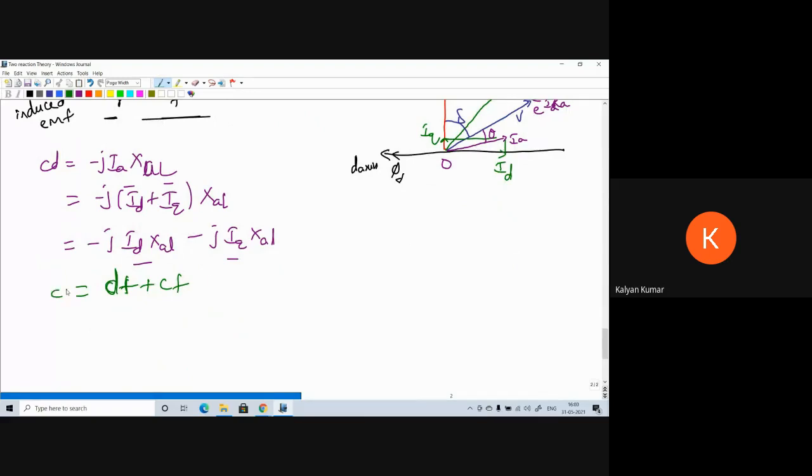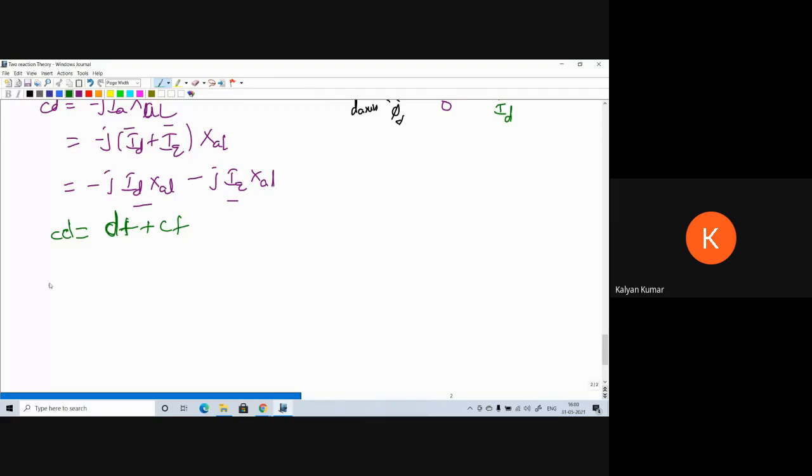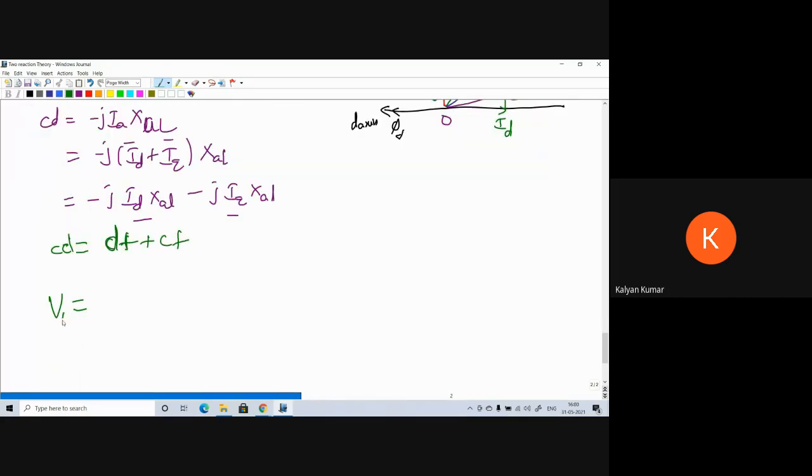Now, CD we can write as DF plus CF. Now the terminal voltage VT equal to EF plus EAD plus EAQ, minus J ID XAL, minus J IQ XAL, minus IA RA.